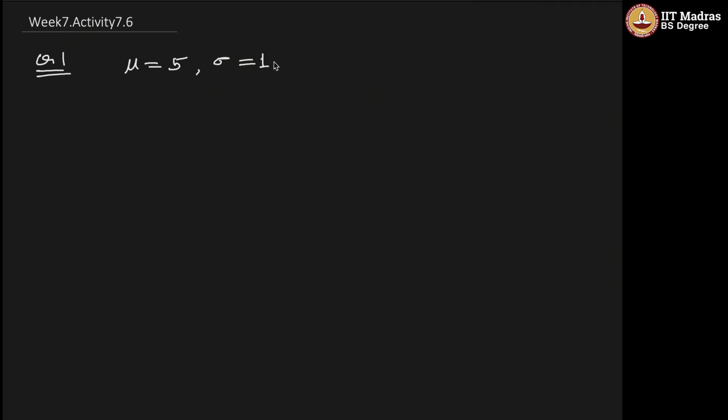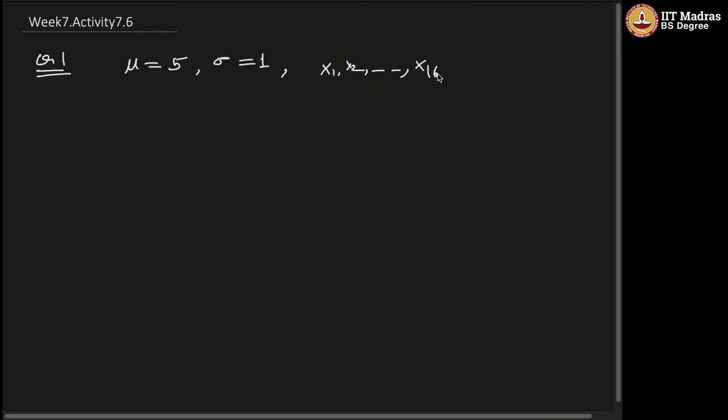Assuming that the lives of these machines follow approximately normal distribution, find the probability that the mean life of a random sample of 16 such machines. So we have a sample x1, x2 to x16 such machines, and what are those machines?